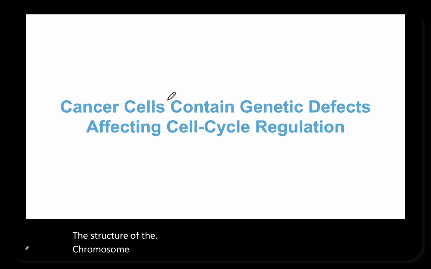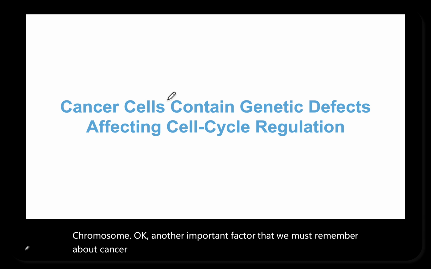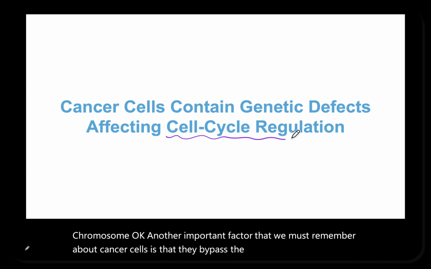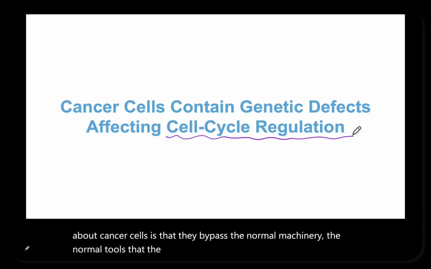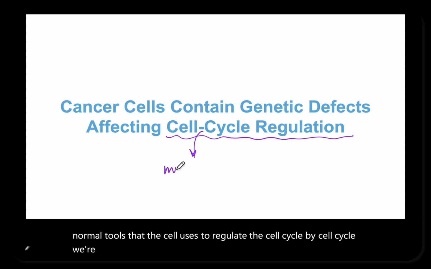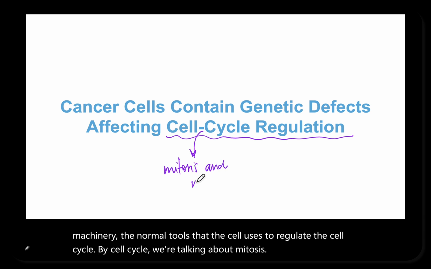Another important factor that we must remember about cancer cells is that they bypass the normal machinery, the normal tools that the cell uses to regulate the cell cycle. By cell cycle, we're talking about mitosis and meiosis.